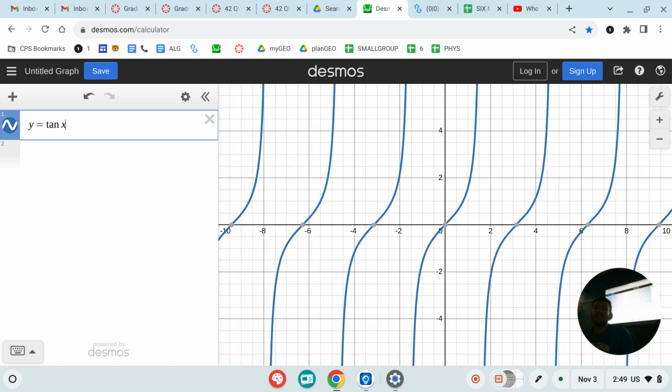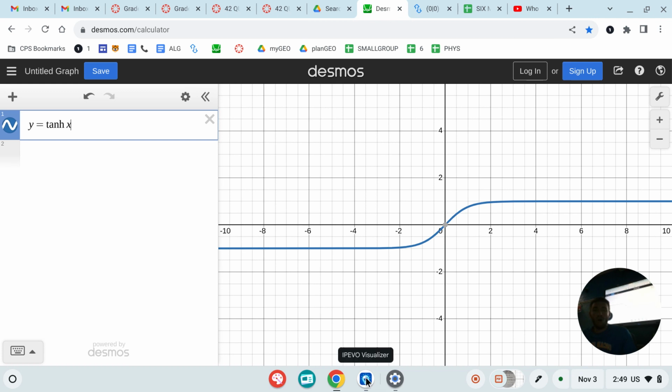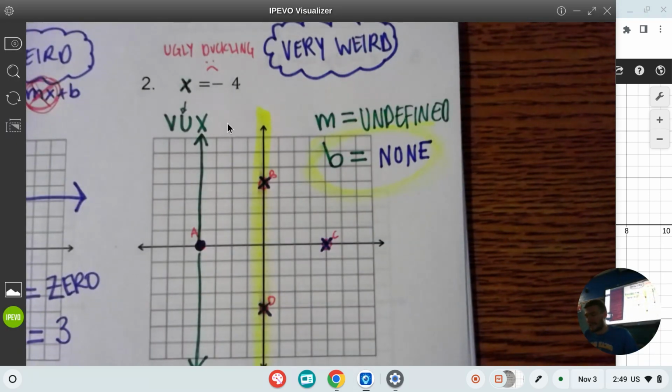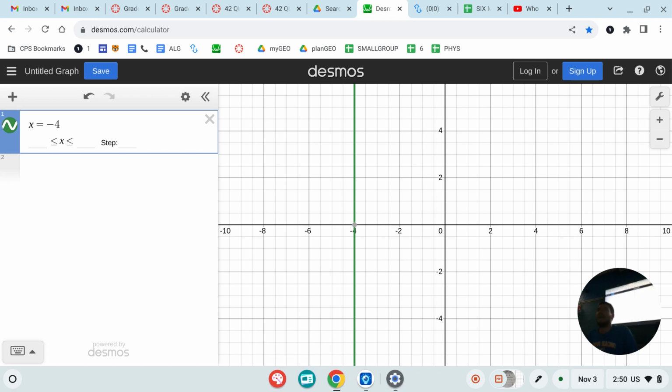So put tanh x. All right, y equals tanh x. So they can graph all these lines, which means they can also graph the lines that you've been asked to graph. So if the question says x equals -4, Desmos knows x equals -4 looks like that. And you can always check.